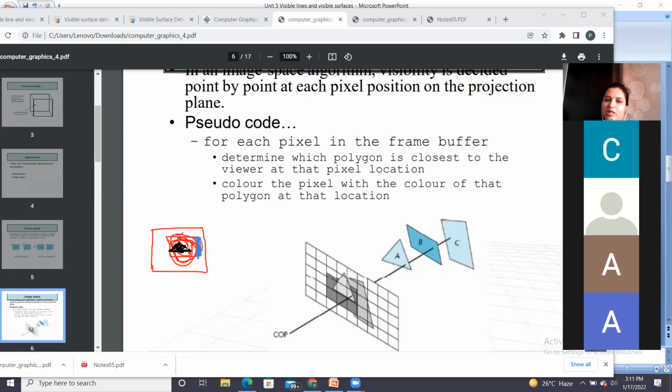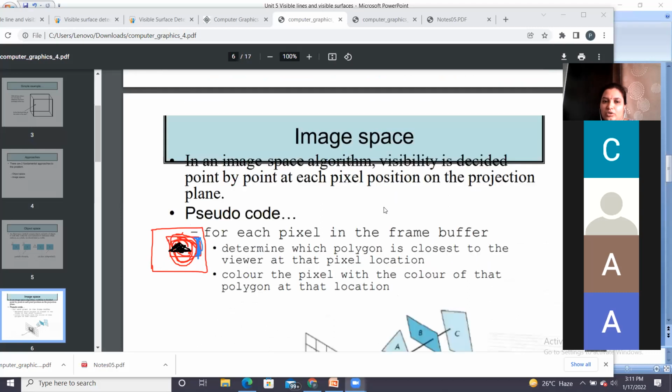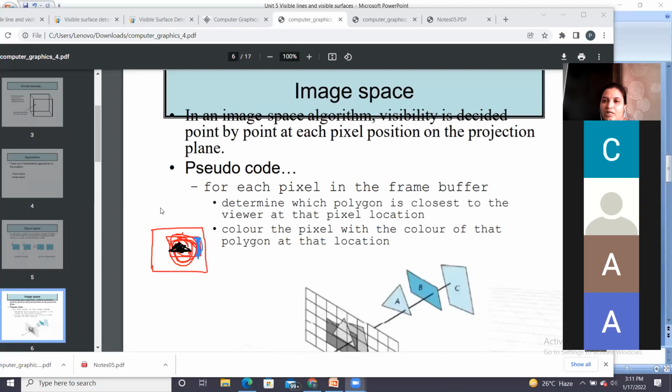So what am I checking? I am checking pixel by pixel information of the overlapping objects. Okay, all of you are getting this? In the earlier method, we were checking portion wise which portion is overlapping. Directly we are discarding them or we are making it hidden or visible.